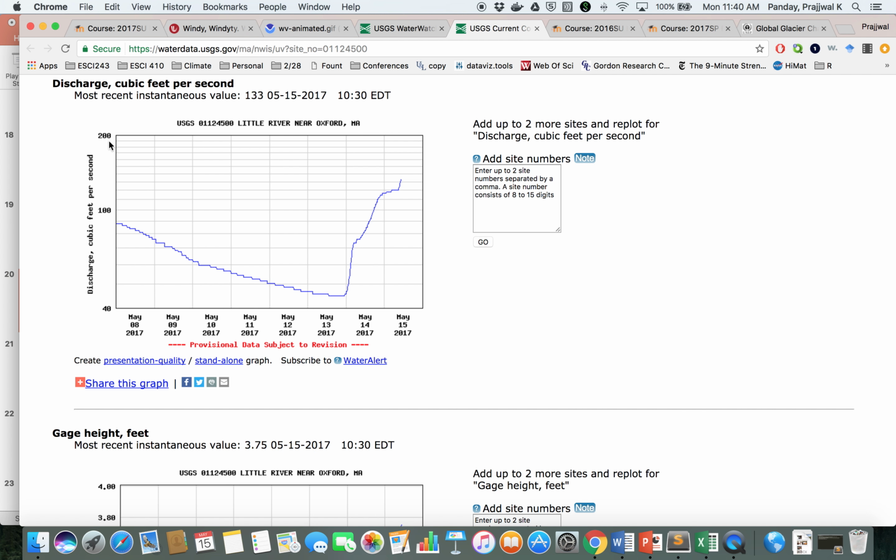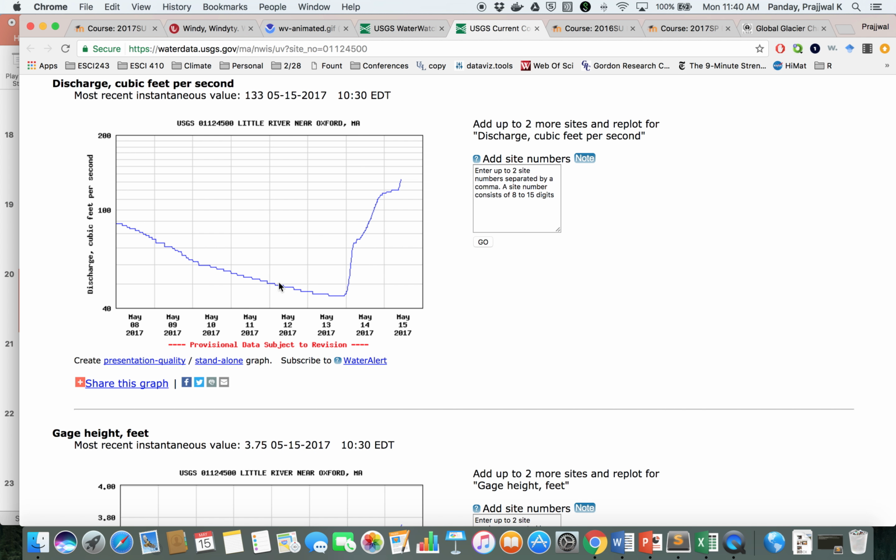This is cubic feet per second, so this is discharge. What is the volume of water in this particular river? When you're measuring this, we see that the river was fairly dry on May 13th, but then we had a lot of rainfall the last couple of days. As you can see, all of the rainfall is coming down and making its way to this stream. The discharge is picking up, right?